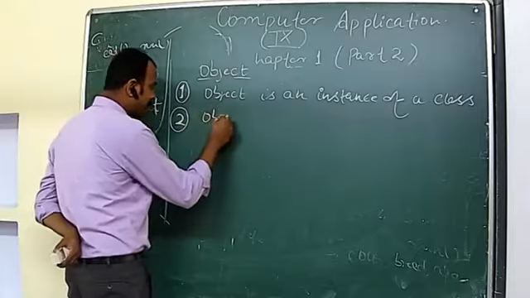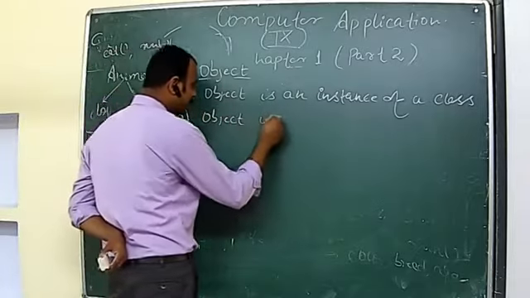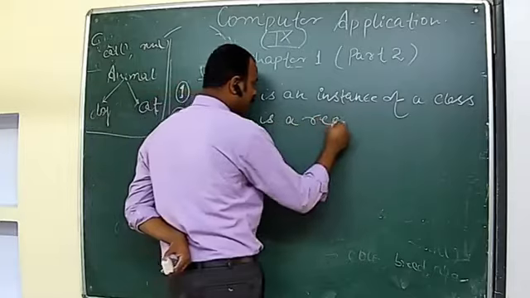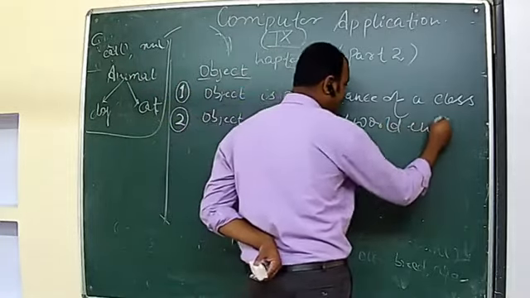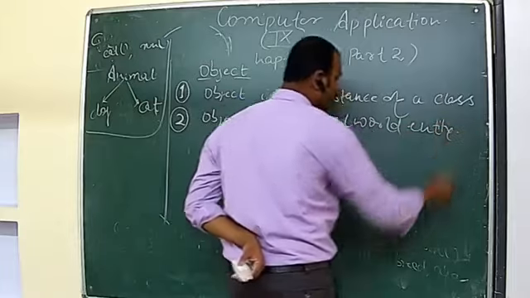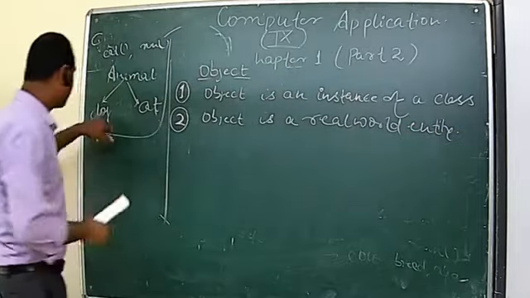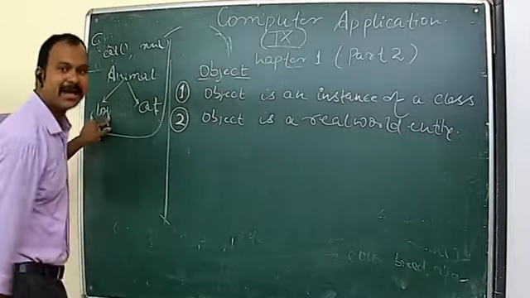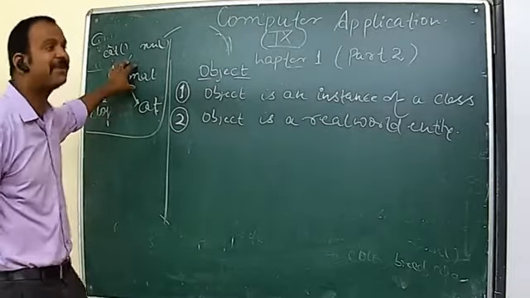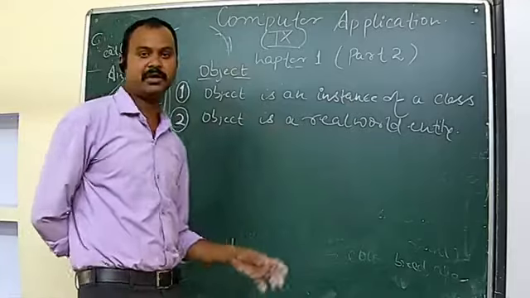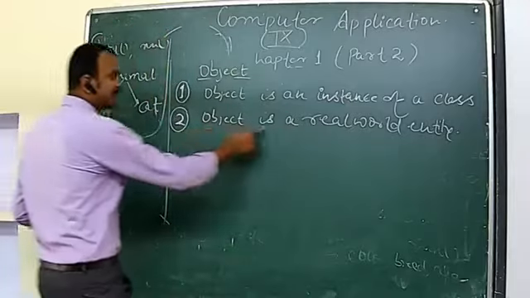Object is a real world entity. Clear? Because if I talk about a dog, in real life I can see it. A cat, in real life I can see. But if I talk about animal, it is conceptual only. So object is a real world entity.